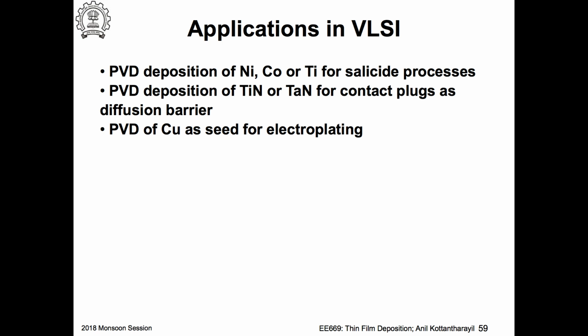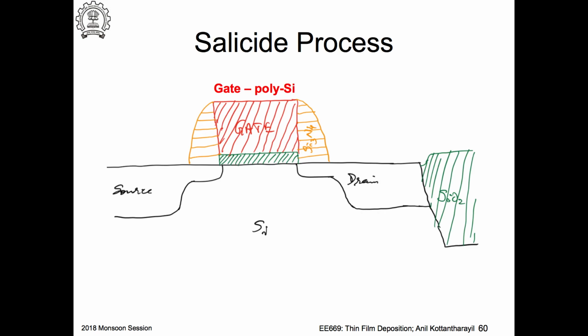Now this is something that we will see in a little bit more detail. So what you're trying to do is to make a contact to the source, drain and gate of a transistor. Okay, so we'll just see the process, but then I will also draw some figures on the board. So you make a transistor, right?